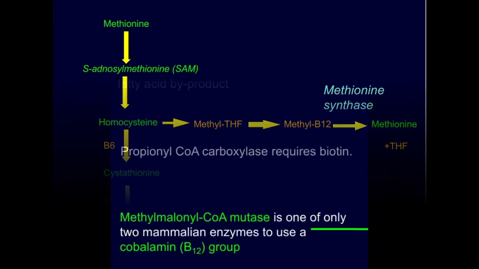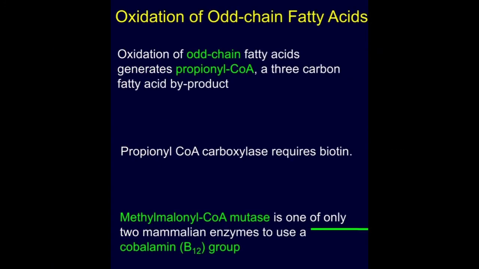So the other enzyme that uses vitamin B12 is this one here. Don't worry about all the details up there. Just pay attention to this one. Methylmalonyl-CoA mutase is the enzyme, and it is going to convert methylmalonyl-CoA to succinyl-CoA.